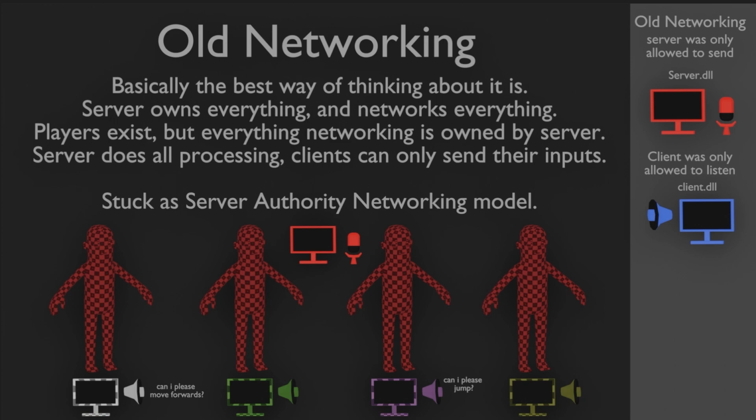The server will receive that and go, okay, if you walked forwards for a few seconds, your position would be about here now, and it would move it forwards by X amount. Let's say you walk forwards 2 meters per second for 2 seconds, you've moved 4 meters forwards, boom, there you are. For everyone that's connected, the position of that player is now here, and it networks it to everyone. It basically has control over everything. And with that, it's a server authority networking model.